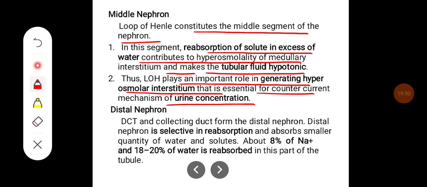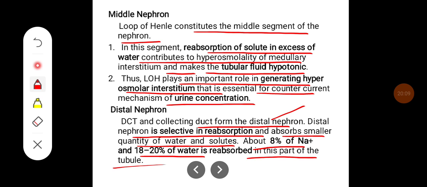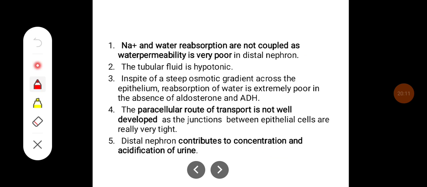The distal nephron and the collecting duct form the distal part of the nephron. The distal nephron is selective in reabsorption and absorbs smaller quantities of water and solutes. About 8% of the sodium and 18 to 20% of the water is reabsorbed in this part of the tubule. Sodium and water reabsorption are not coupled as water permeability is poor in the distal portion.